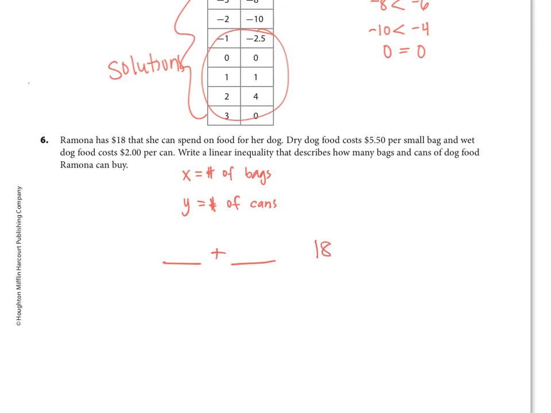So you want to think about, can she spend more than 18 bucks or less than 18 bucks or equal to 18 bucks? And that question is going to help you with determining the inequality symbol. And so she can't spend more than, she can spend less than or equal to, so it's going to be this symbol right here. Okay, so I'll let you finish that one up.